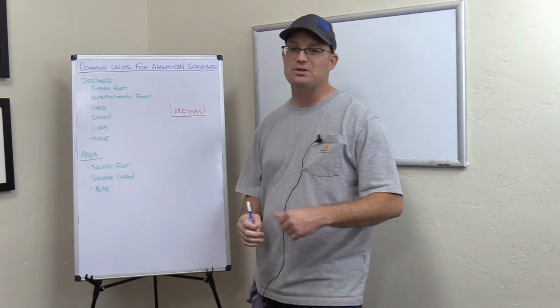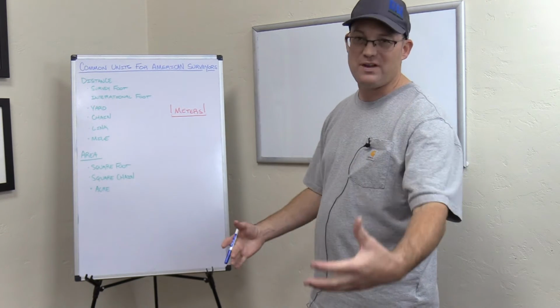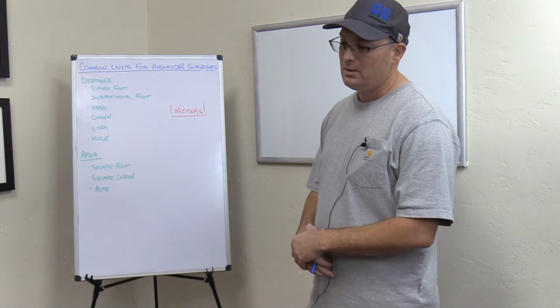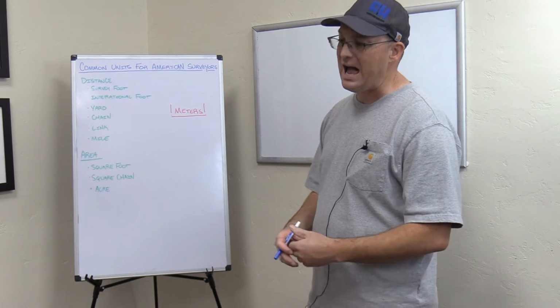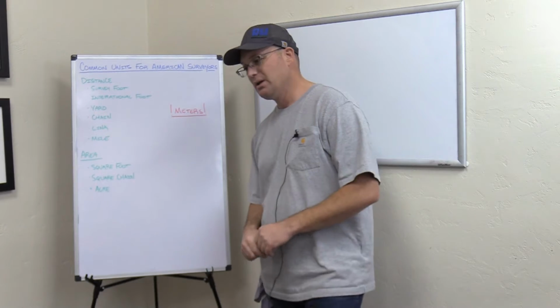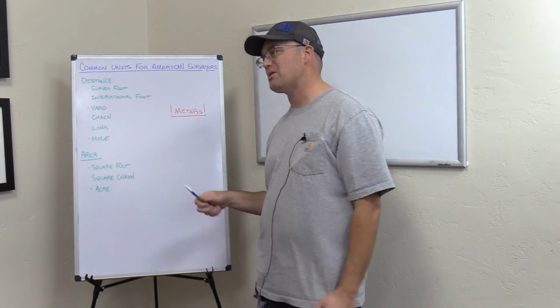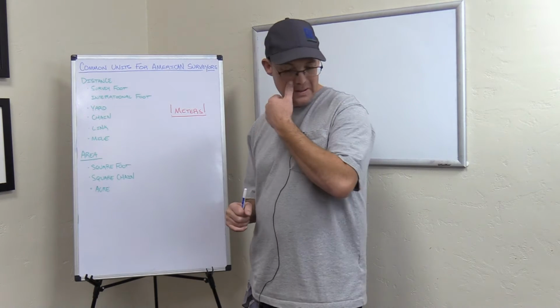Why? Well, there's a couple reasons. One is the folks that manufacture our equipment, they typically publish their accuracy specifications and other information using metric units. So if you want to know how good your total station is, you know, how accurately or precisely it can measure a distance, you got to understand metric.